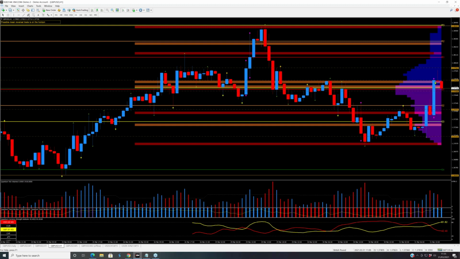This very strong move higher triggered a volatility candle, the little purple arrow top and bottom, because that range is outside of the average true range for this time frame. What tends to happen is the price will then reverse back into the spread of the candle.